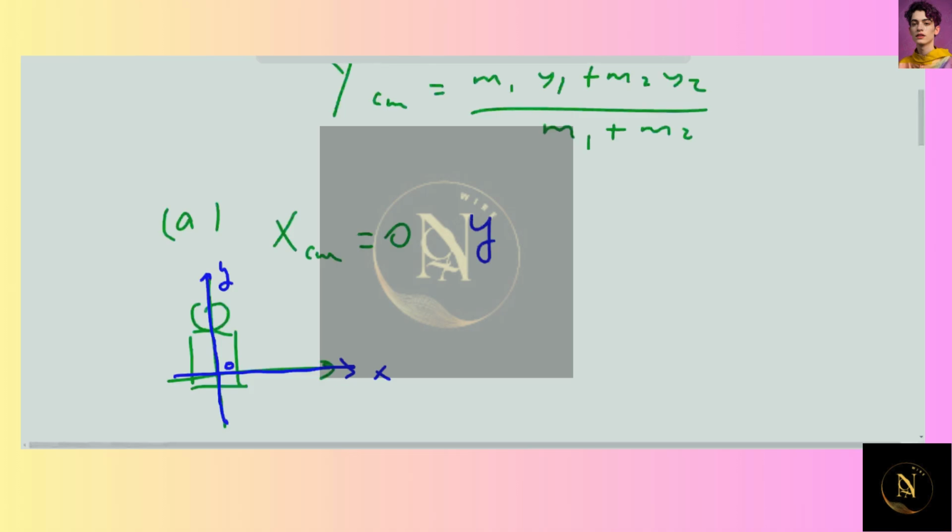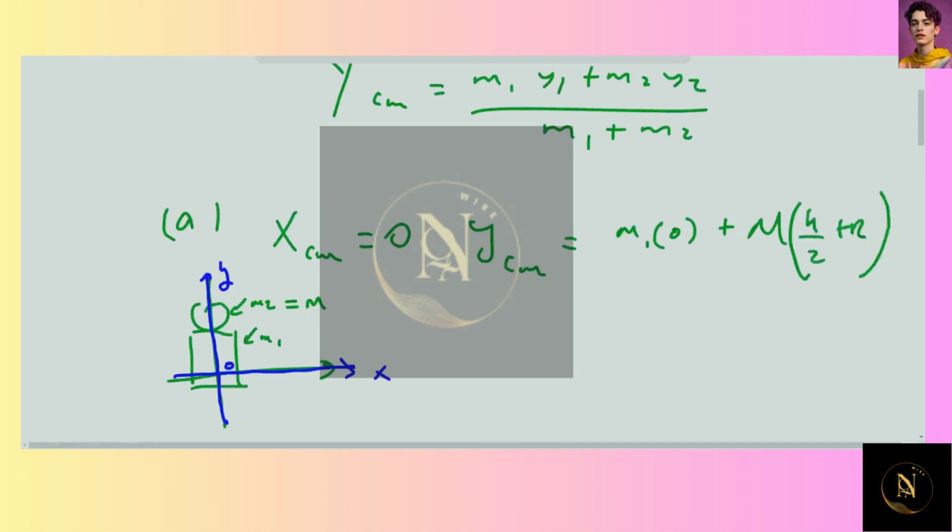Let's simplify this. So we're saying the y center of mass, M1 would be the cylinder. So you have M1 and M2. M1 is a cylinder, but in terms of the y direction, it's 0, plus M2 is the mass of the sphere, and it's at a position h/2 plus r.